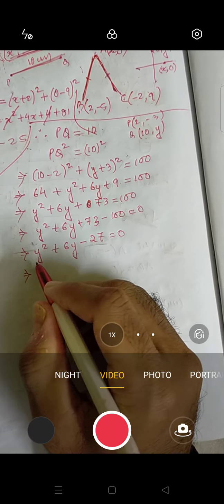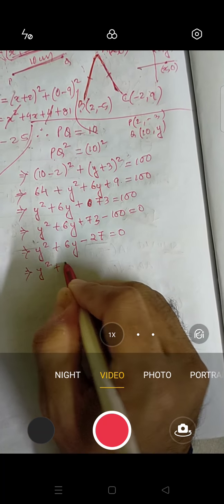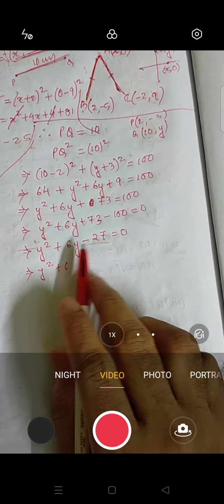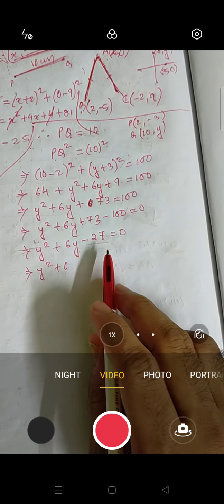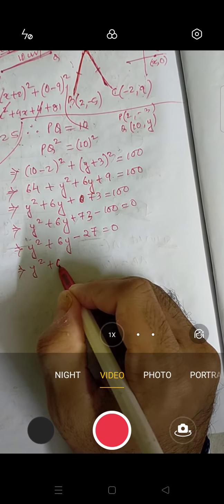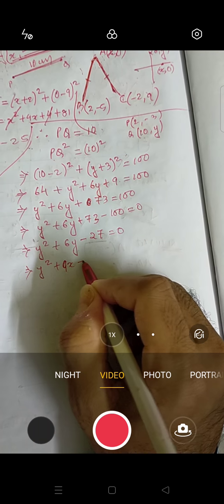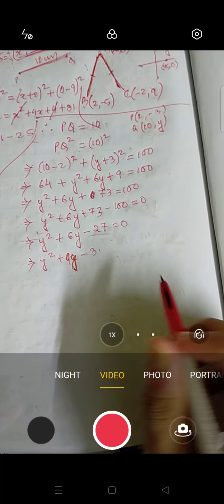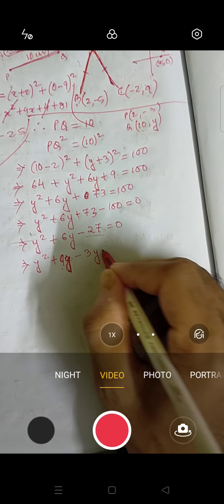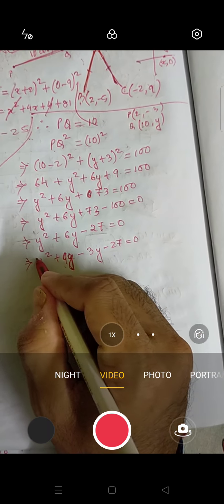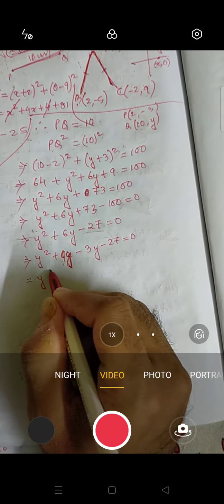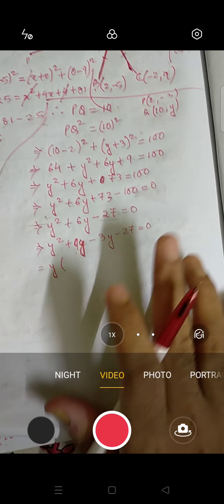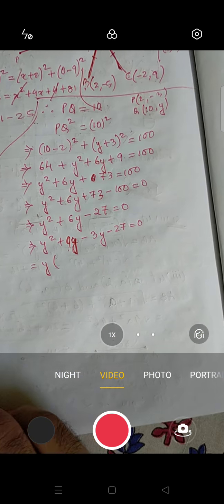Now we can split the middle term. 9 threes are 27, so we can take 9y minus 3y minus 27 equals 0. We are solving it by the middle term; you can solve it by the quadratic formula also, your choice. I have told you the basic concept, so use it while solving by the middle term.